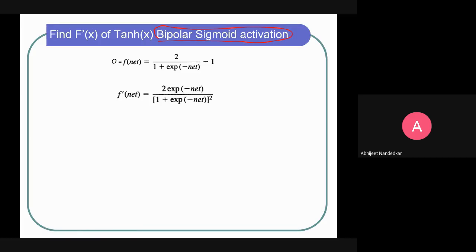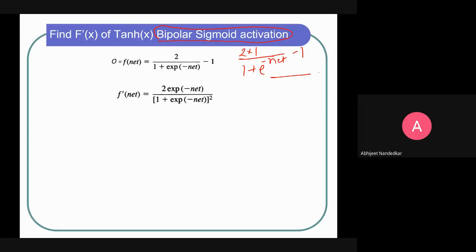Now your bipolar sigmoidal activation function or tanh function can be written like this: 2 divided by 1 plus e to the power minus net, minus 1. So this is actually obtained from sigmoidal activation function. What is sigmoidal activation function? It is 1 divided by 1 plus e to the power minus net. So I am multiplying that by 2 and subtracting 1 from it.